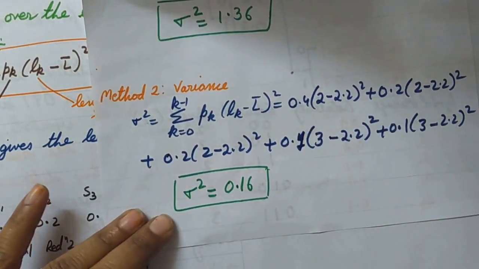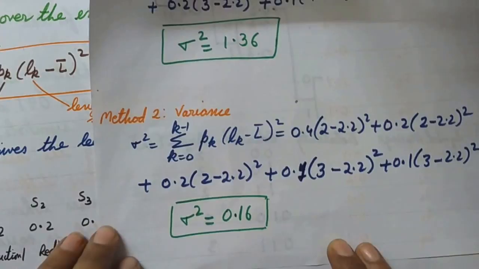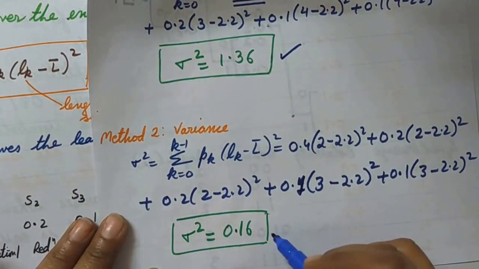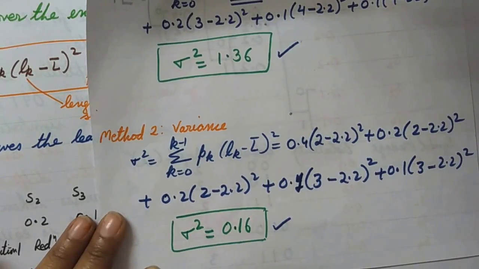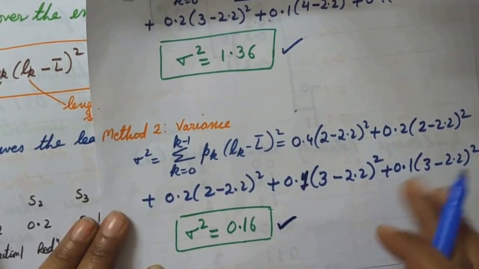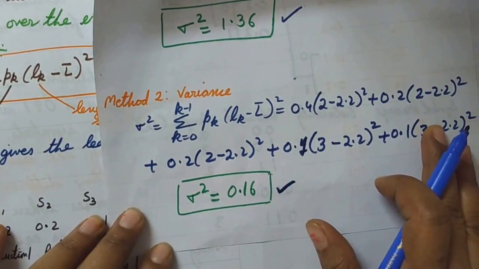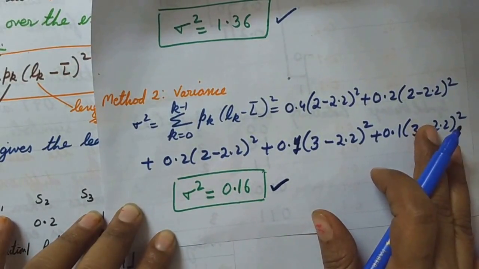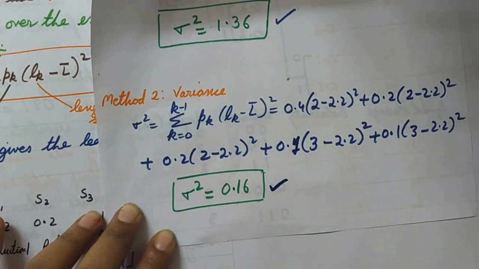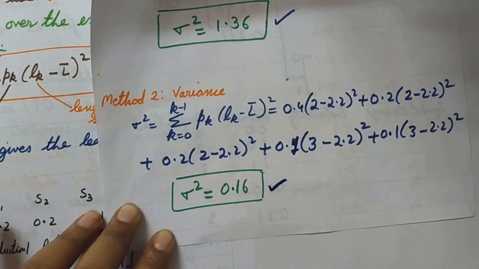Now comparing method 1 and method 2: the lesser the variance, the closer the values of the average length and the individual message code word length, and the better the coding scheme. Here in method number 2 the variance is least, so we say that method number 2, in which the added probability is placed as high as possible, is the best method for calculating the Huffman codes.